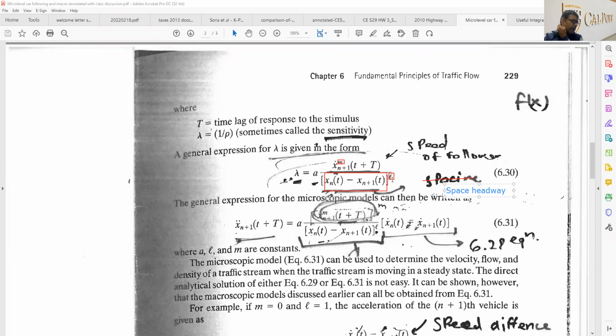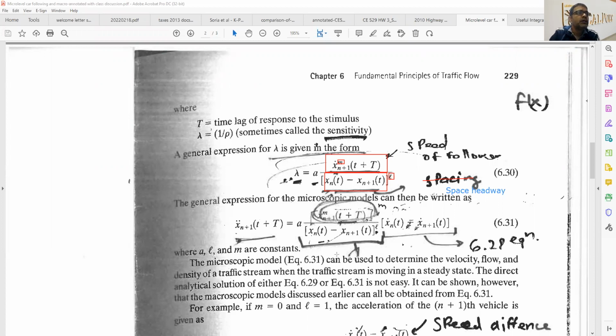By raising it to power L, you're more sensitive or less sensitive to that spacing. And then, what is the numerator defining? If your speed is high, then you're going to be more sensitive, because you might be catching up to the leader quite a bit sooner if you're traveling at a higher speed.